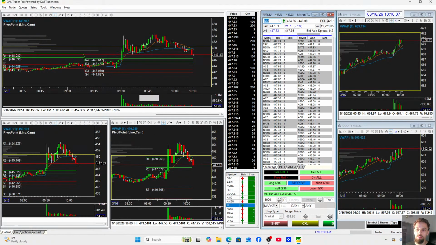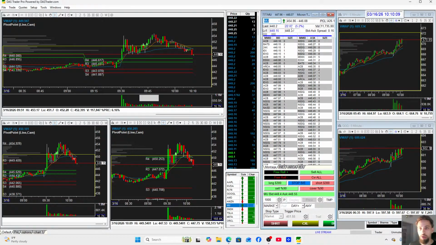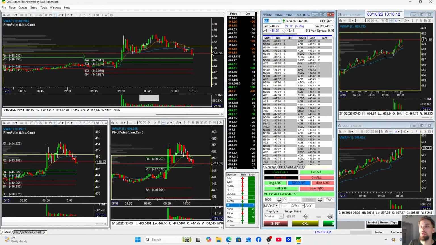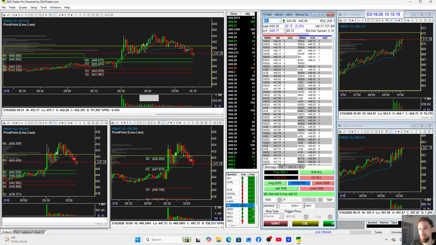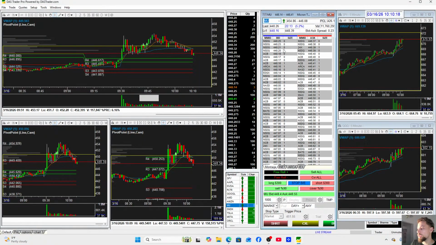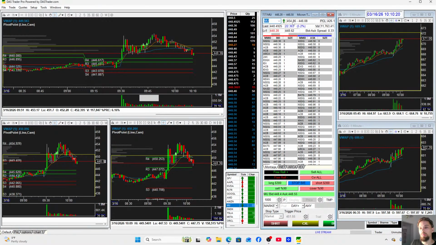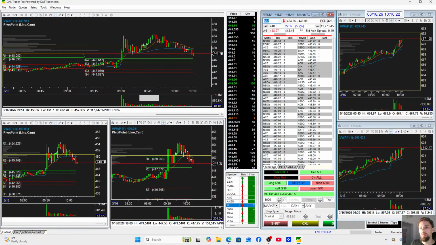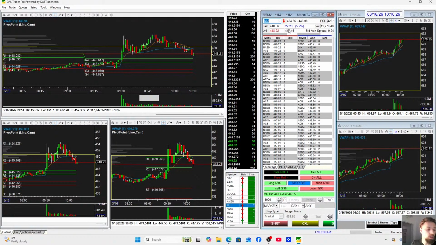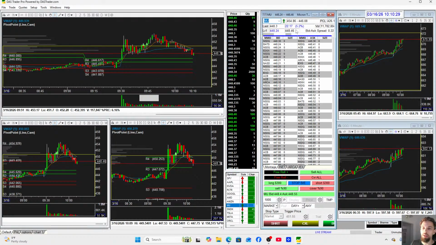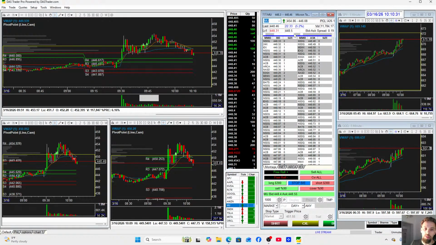So if the average true range of a stock is around 20 bucks and the stock is already up $22 on the day, it doesn't mean that it can't leave that $20 range, but it may not push much higher if it's already tested its average true range. And that's just guessing if the average true range is let's say 20.